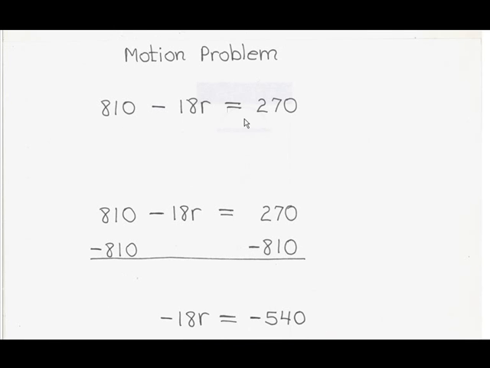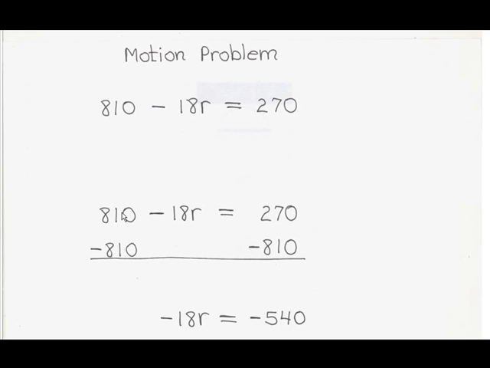Well, after multiplying both sides of the equation by 3r, we now have 810 minus 18r is equal to 270. Well, now we need to get the variable expression negative 18r by itself. 810, we need to get rid of that because that is not a variable expression.